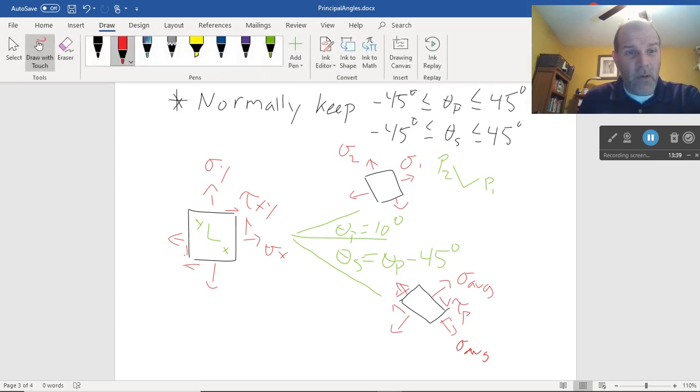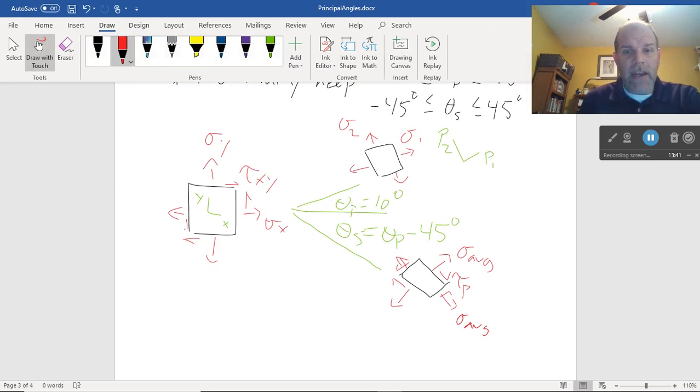So I can do that and get theta s equals theta p minus 45 degrees equals minus 35 degrees.